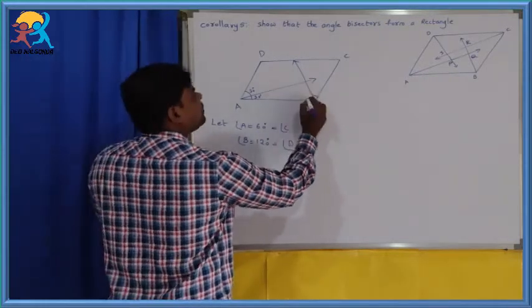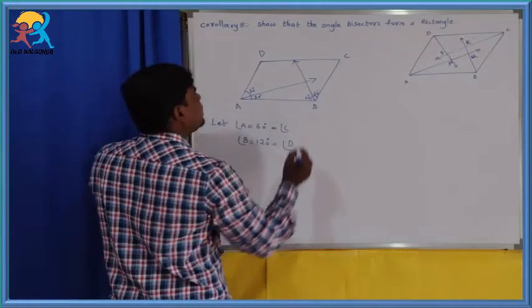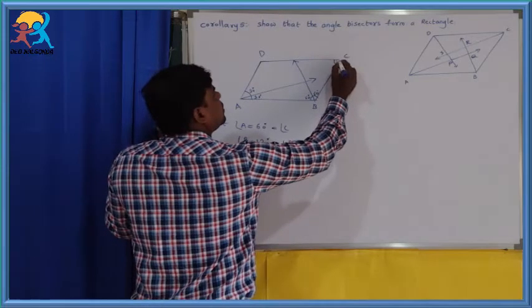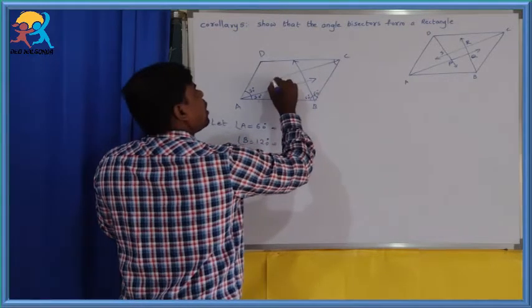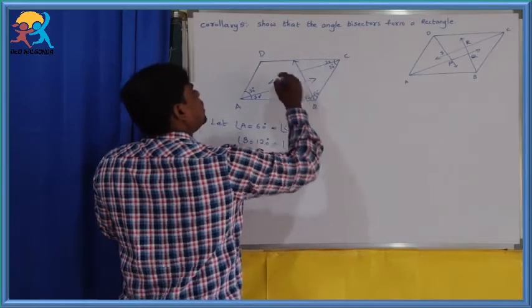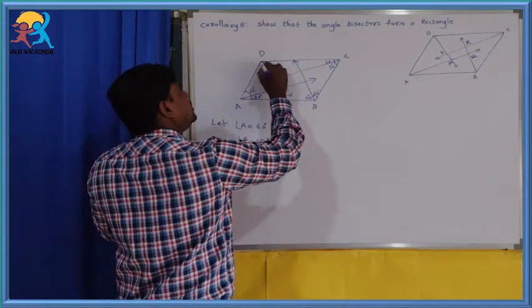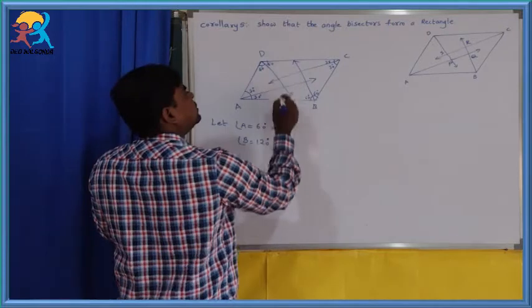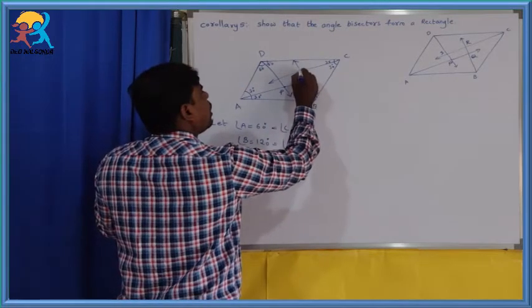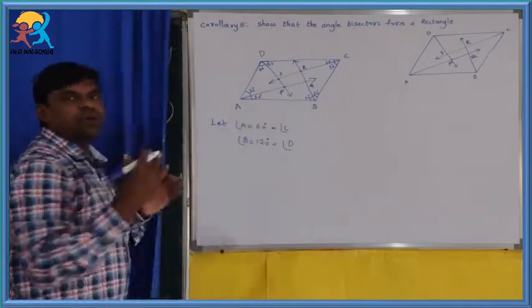So, we have to make it half, that is 60 degrees and 60 degrees, and take this as 30 degrees and 30 degrees, and here this is 60 degrees and it is also 60 degrees. Here we get P, Q, R, S. We can write PQRS is a quadrilateral.